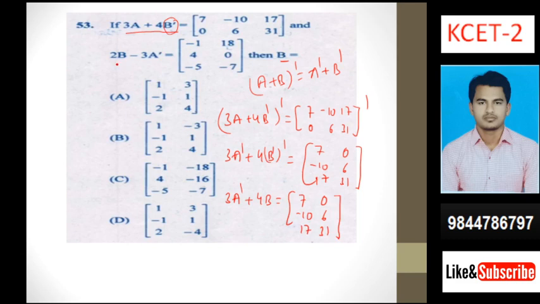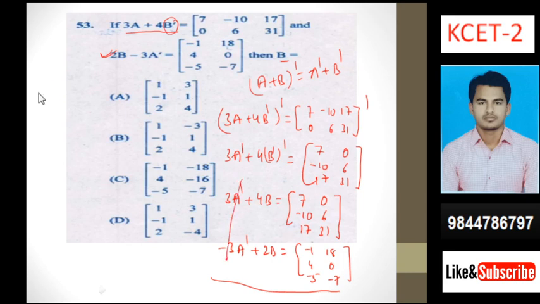Now I need to apply in equation number 2. So what is our equation number 2? That is minus 3A dash plus 2B, equal to minus 1 18 4 0 minus 5 minus 7. Now using cancellation, these two will be cancelled.